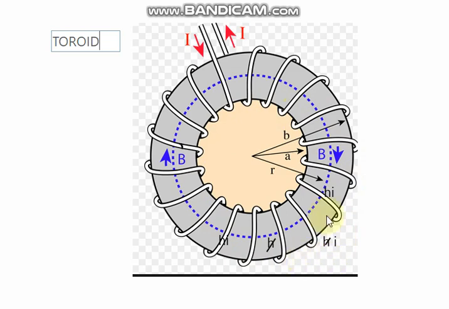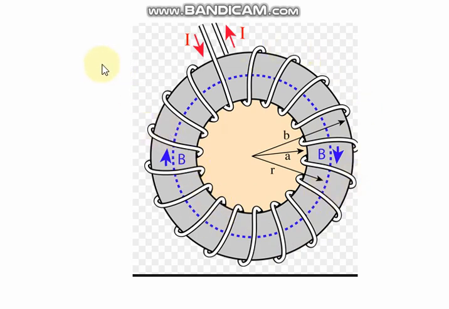So you can see that a solenoid which is twisted or wound in the form of a ring gives you a toroid, and it is carrying a current I. So we have to determine the magnetic field due to this current carrying toroid.